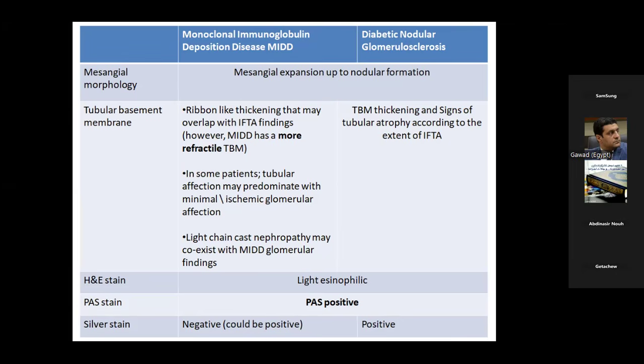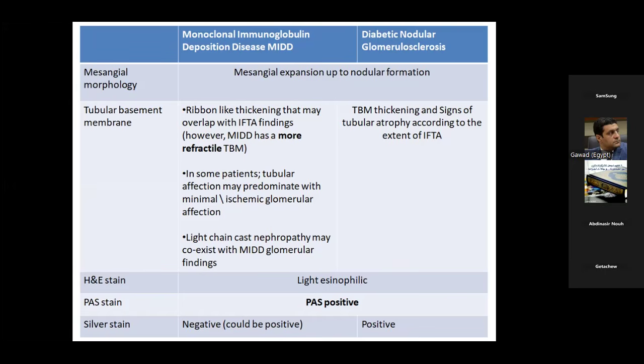And we should bear in mind that MIDD could occur together with light chain cast nephropathy in the same biopsy, and it is very common to see both, because the underlying cause is one disease, which is monoclonal gammopathy.